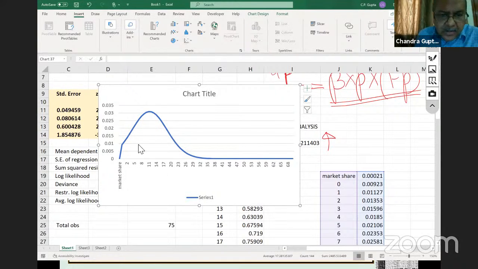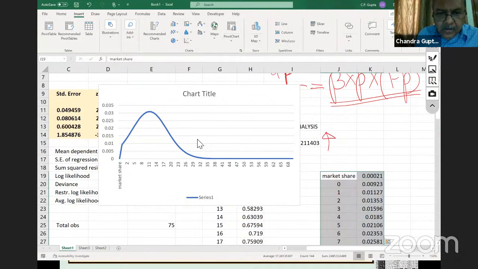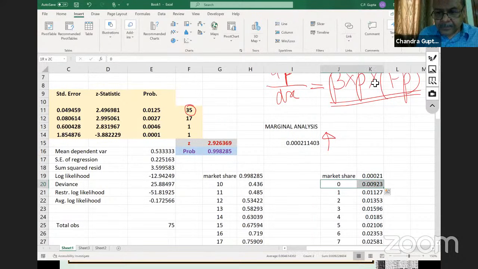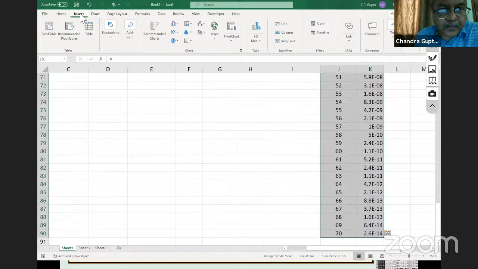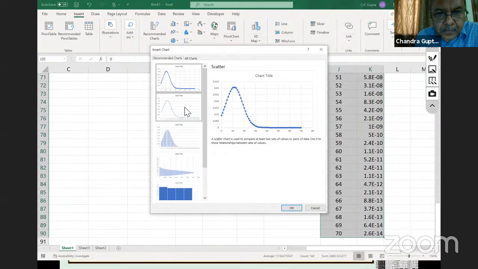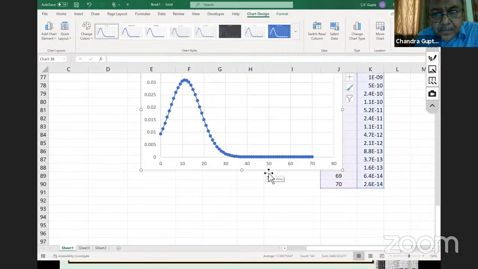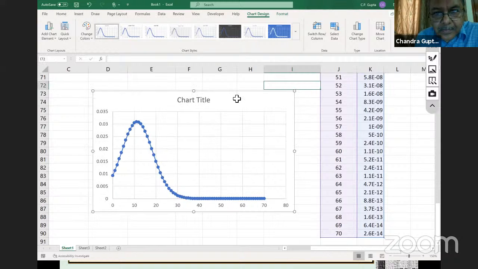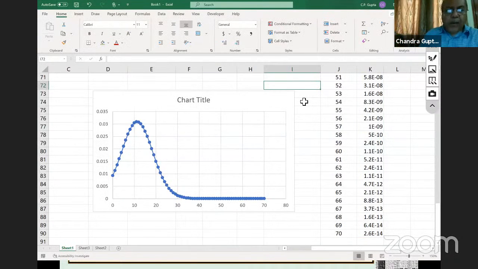I think I've taken wrong data. I should start from here. Okay, that's the market share.